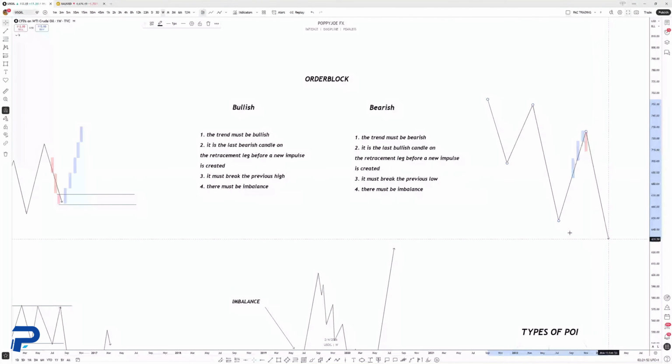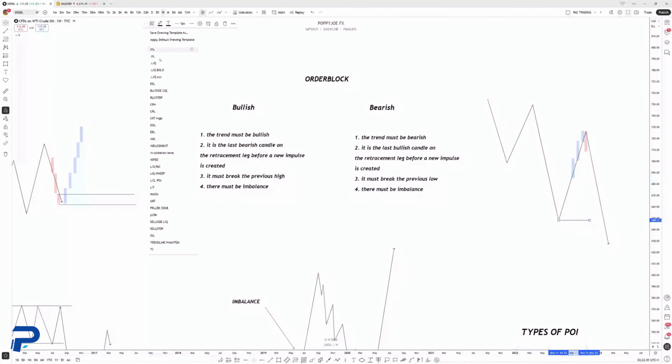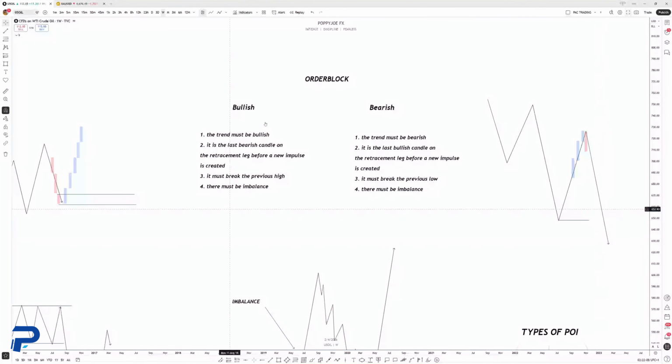The new low must be created, the low must be broken as well, and there must be imbalance. So these are the factors that help in defining our POIs, the things we put into place to get our order block.